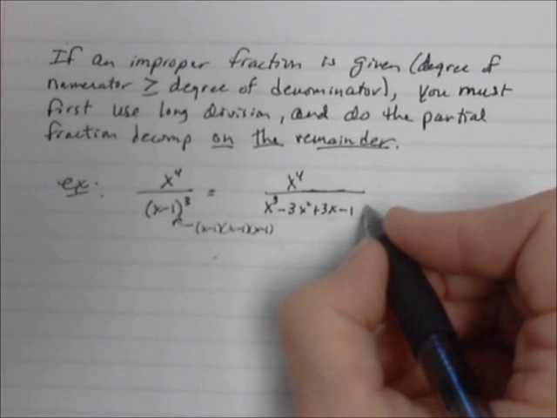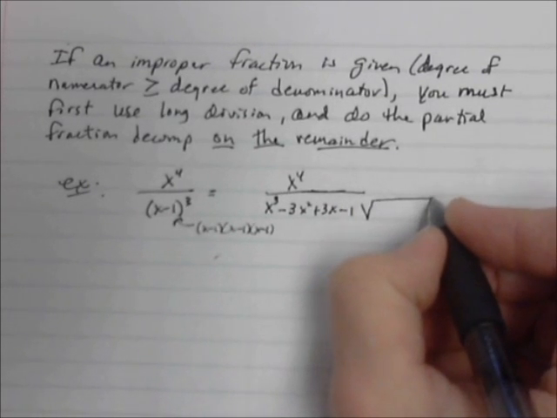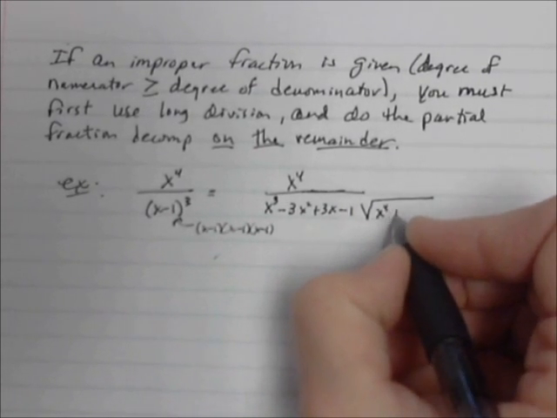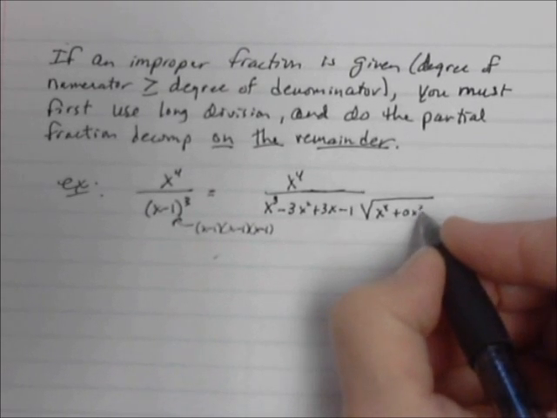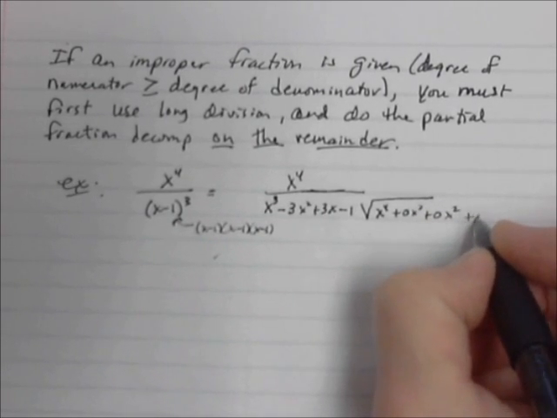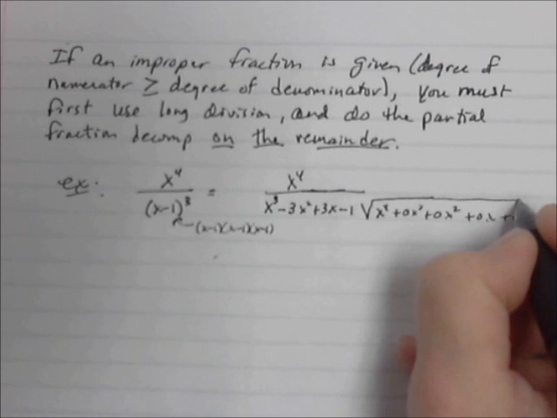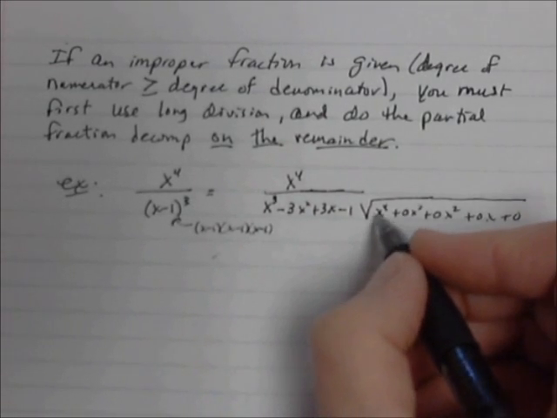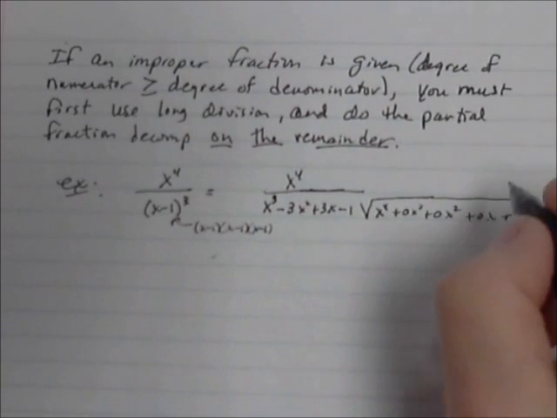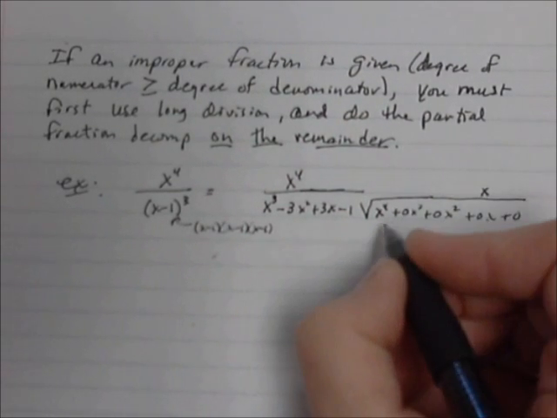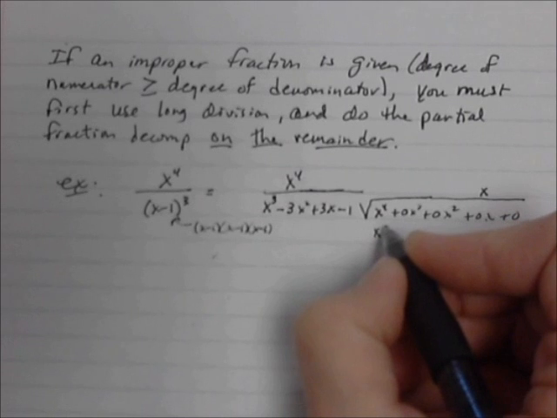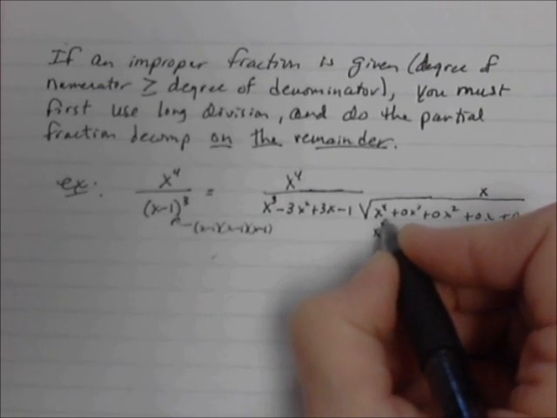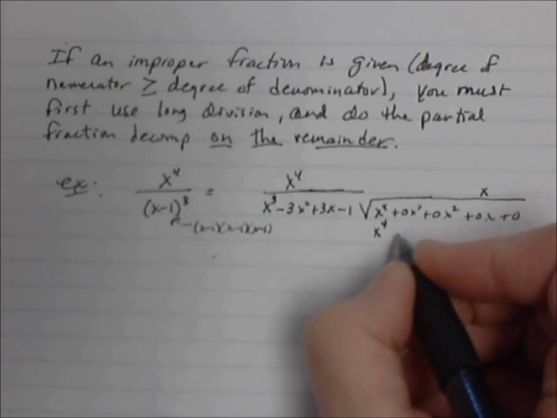And then long division on that, we're going to put x to the fourth underneath, plus 0x to the third, plus 0x squared, plus 0x plus 0 for all of those placeholders. And dividing x to the fourth by x to the third, you're going to get just x to the first. And you know how to do long division, so I won't talk my way through this.